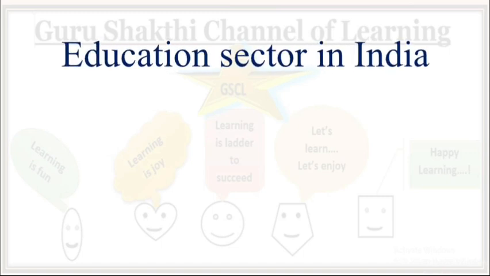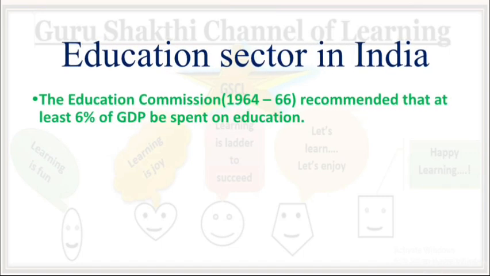In order to make sure educational provisions reach everyone, at least 6% of gross domestic product must be spent on education. This has been recommended long ago by the Education Commission 1964-66.